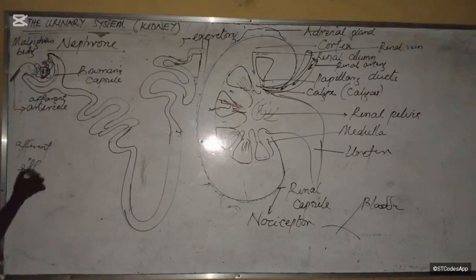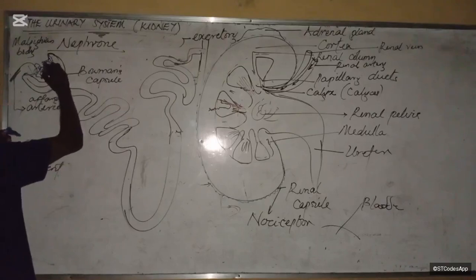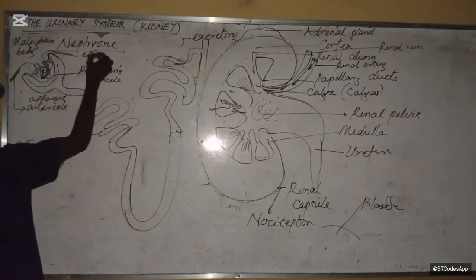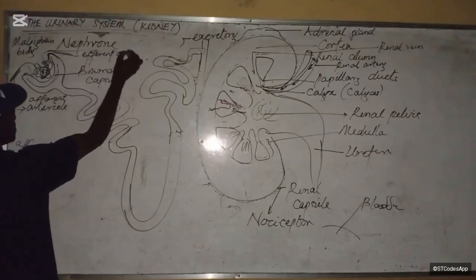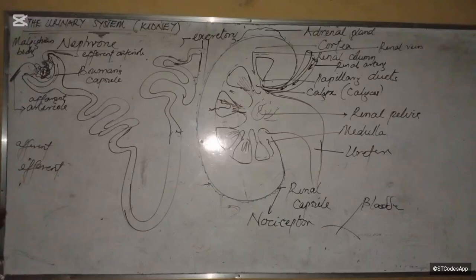Then efferent, the one that goes out. So if it continues into another network here, that's the efferent arteriole. Do you understand? So the afferent arteriole enters here and forms a network of capillary. What they basically do is bring in blood that is filled with waste.